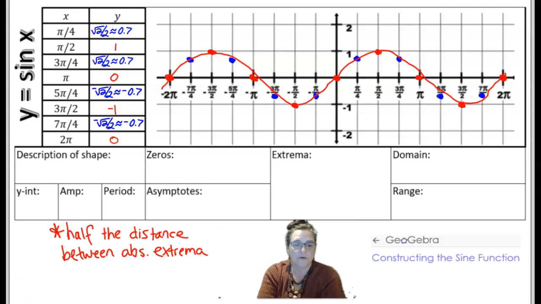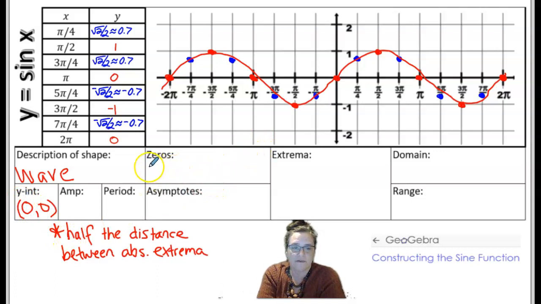Okay, so if we wanted to describe the shape of this function, this is a wave. And its y-intercept is located at y equals 0 and x equals 0, so that's the origin, (0, 0).